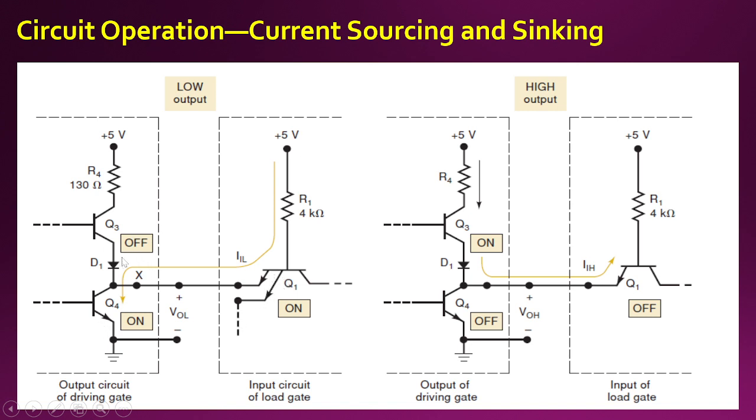If the output is off, then obviously this is low. When this section is connected to ground, this diode, that is N and P, will get forward biased, and a current will come from the load gate to the driver gate. So we will call this sink current with respect to the driver gate.